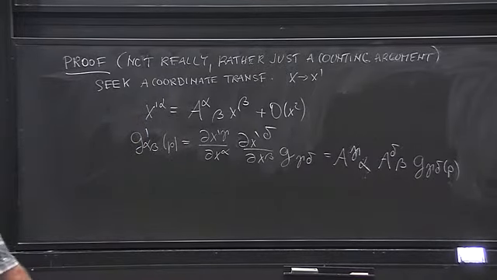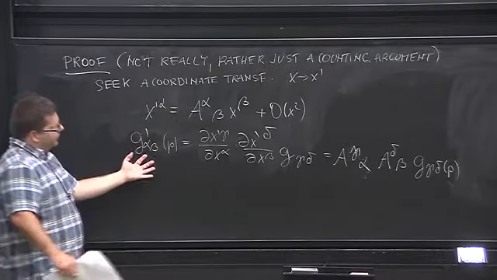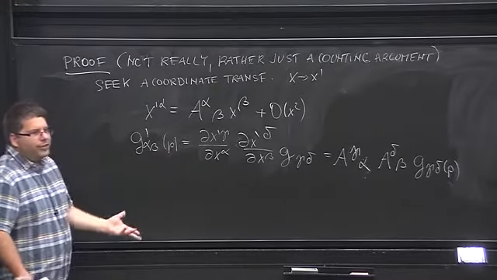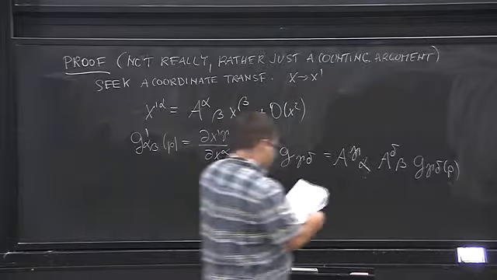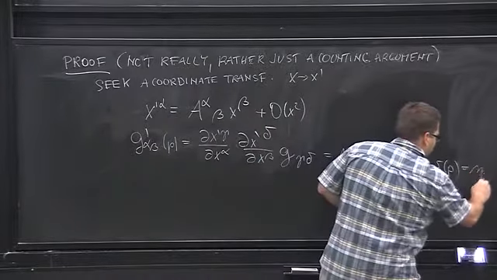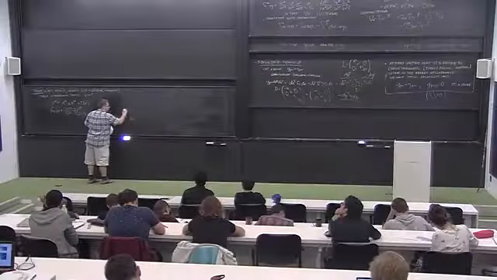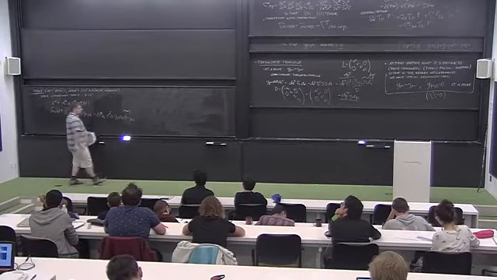Okay, so this is how my metric looks in these new coordinates, and what I want is that it is a flat metric. So what you want is that this is equal to eta alpha beta. That's what we want.